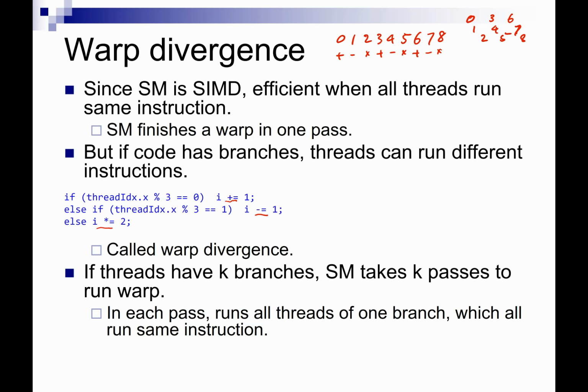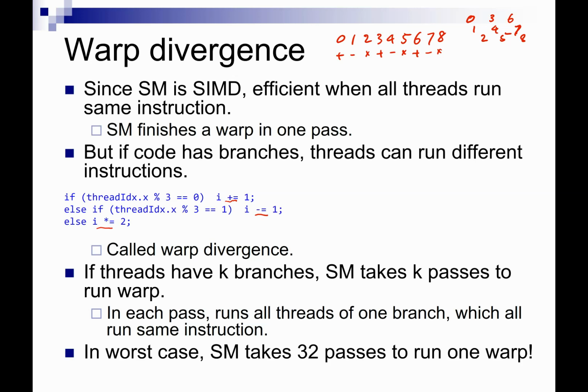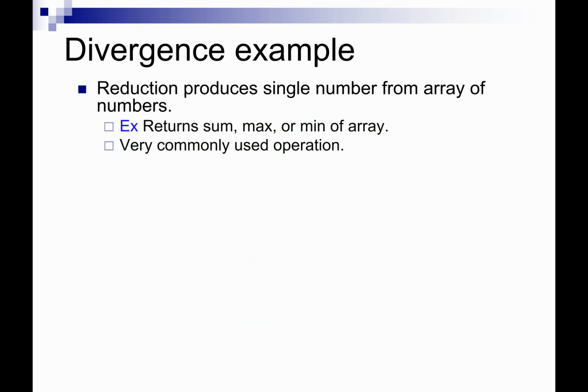This is why you don't want warp divergence. If these threads all did the same thing, it would have taken 1 pass, and now it's taking 3 times as much time. In the worst case, all 32 threads are doing completely different things, so it's going to take 32 passes instead of 1 pass. You'll get a slowdown of 32 times.